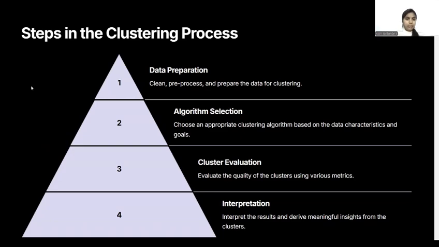Next is algorithm selection: choose an appropriate clustering algorithm based on the data characteristics and goals. Third is cluster evaluation, which evaluates the quality of the clusters using various metrics. Interpretation interprets the results and derives meaningful insights from the clusters.